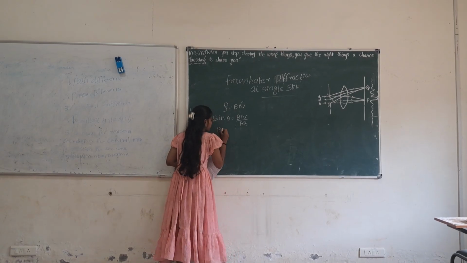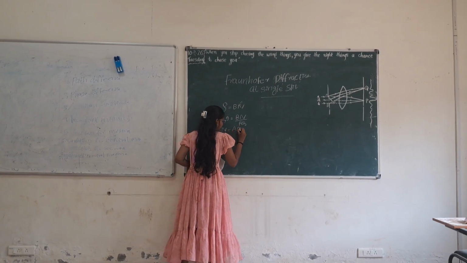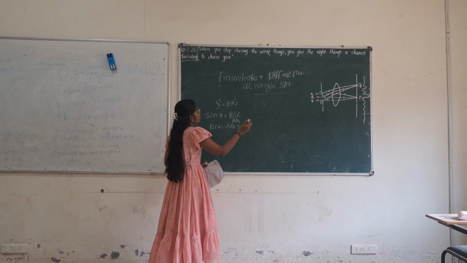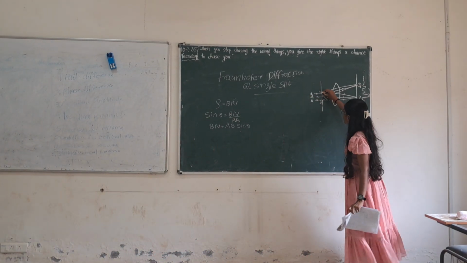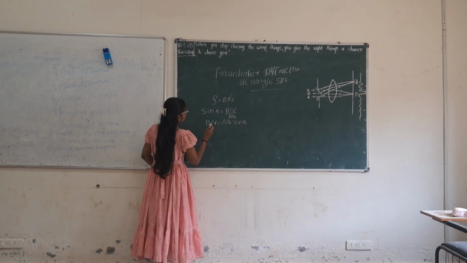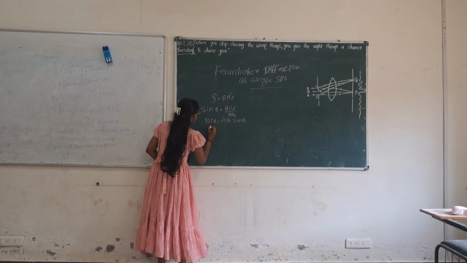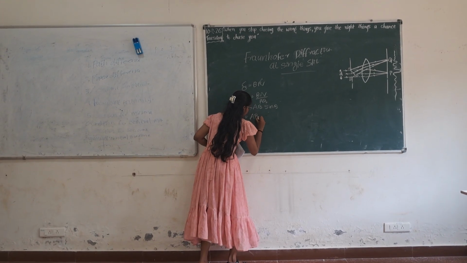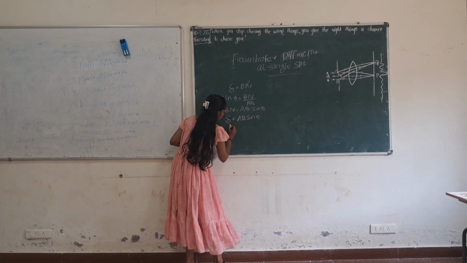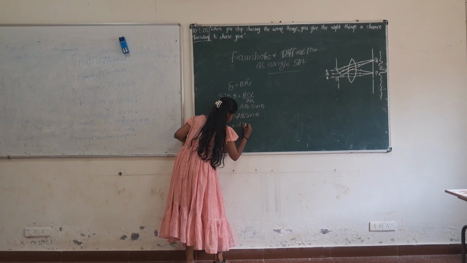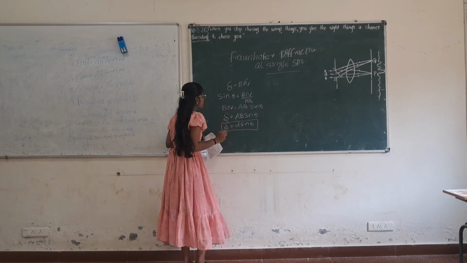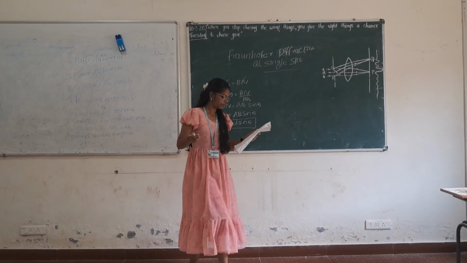So BN is equal to AB sin theta. AB is the width of the slit, which is d. So delta is equal to AB sin theta, that is, delta is equal to d sin theta. This is the equation for path difference.